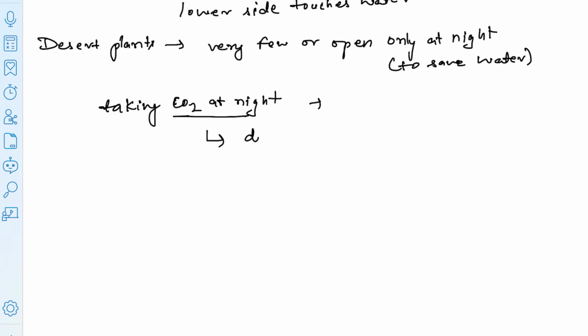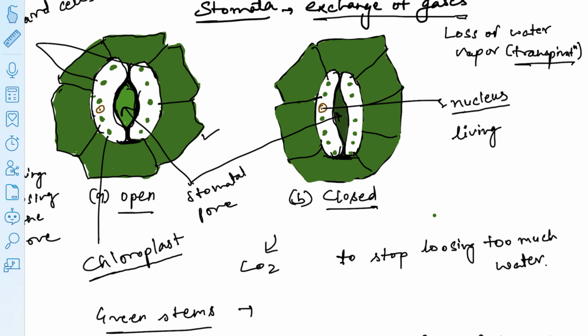So they use CO2 during the day. Why? To save water and survive in hot deserts. We can also say that desert plants keep their stomata closed during the day to save water and open them at night to take in CO2.